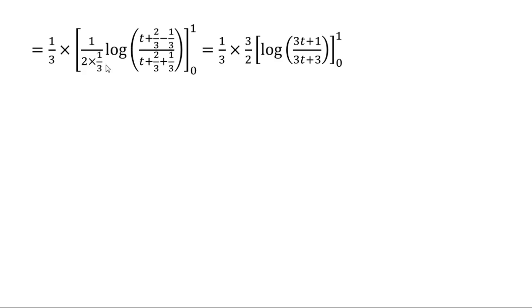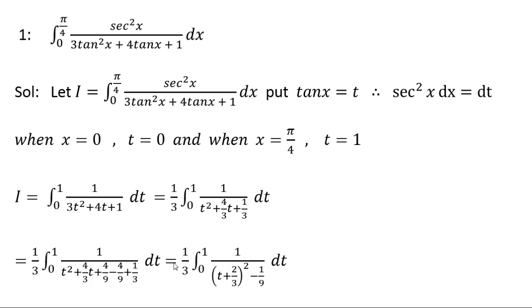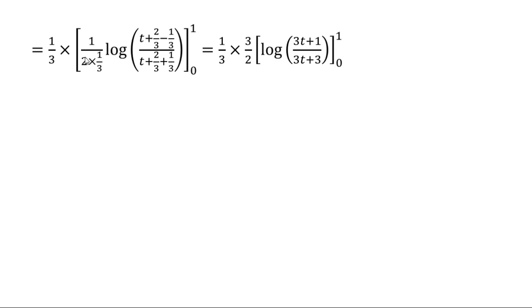So we write this as 1 upon 3, this 1 upon 3 as it is. For 1 upon 2a, a is equal to 1 by 3. This 1 by 9 means 1 by 3 square. So 1 upon 2a, formula मध्ये आहे 1 upon 2a, log of u minus a upon u plus a.